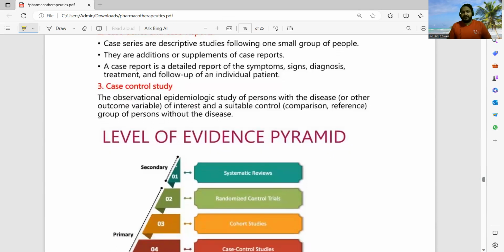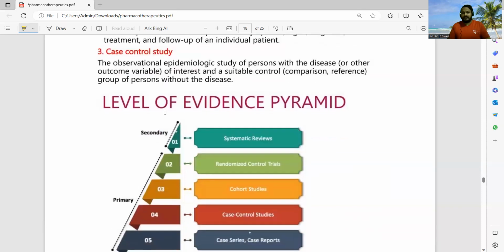A case report is a detailed report on the symptoms, signs, diagnosis, treatment and follow-up of an individual patient. Case control studies are observational epidemiological studies of persons with the disease and other outcome variables of interest, and suitable controls, a comparison reference group of persons without the disease.